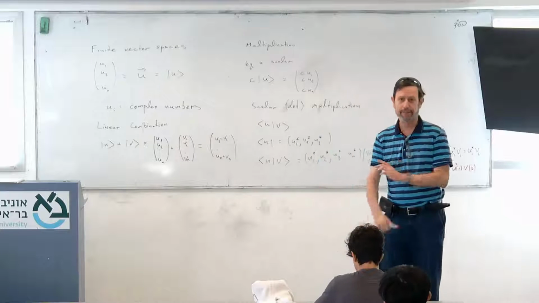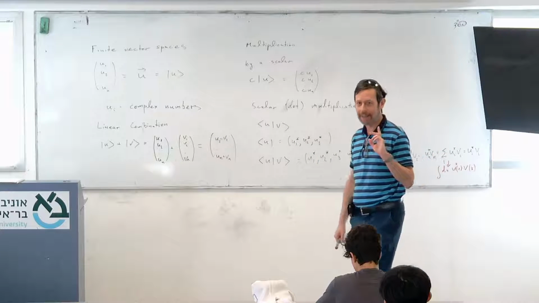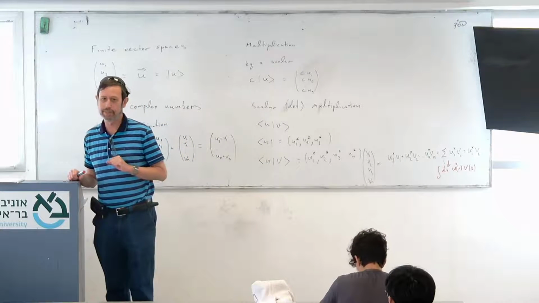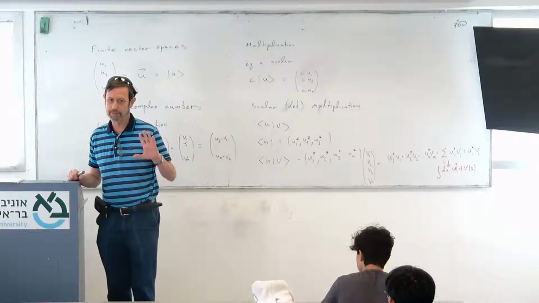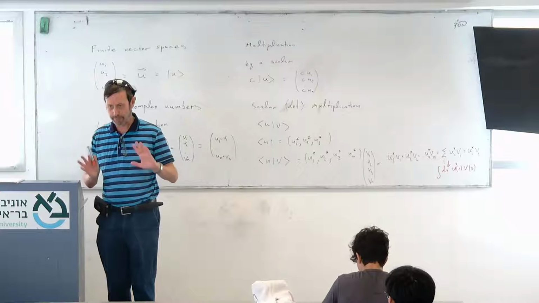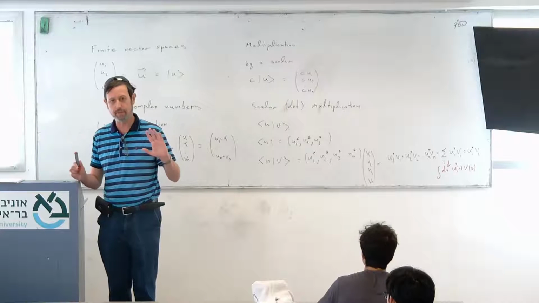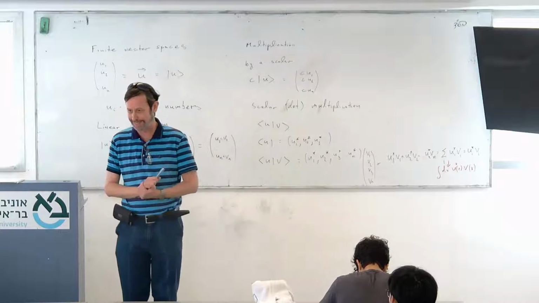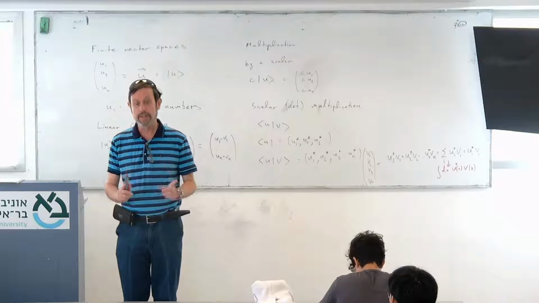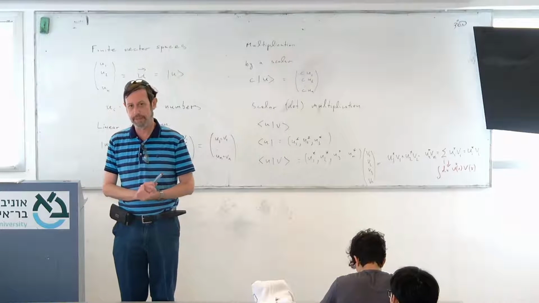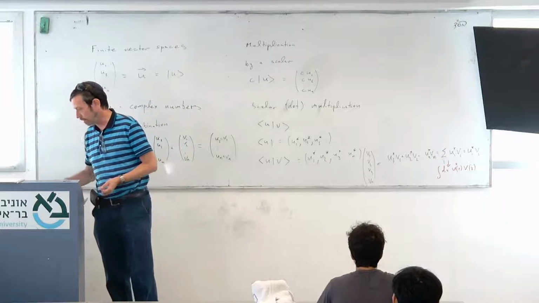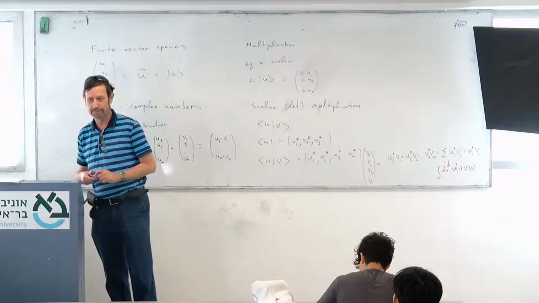But we have one other multiplication. Operate on the vector? No, we haven't introduced operators or matrices like this one. There's another multiplication between two vectors.